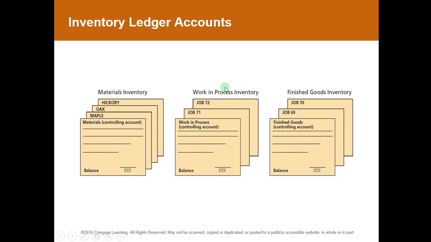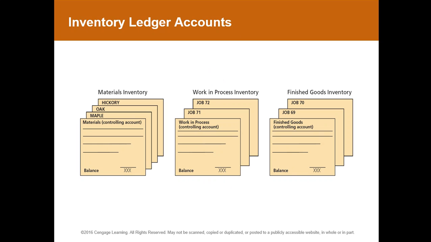Same for work in process. My work in process inventory may have a balance of $5,000, but that $5,000 work in process could represent 3, 4, or 800 different jobs that are in any stage of completion. I will have a job cost sheet for each job that is in process.